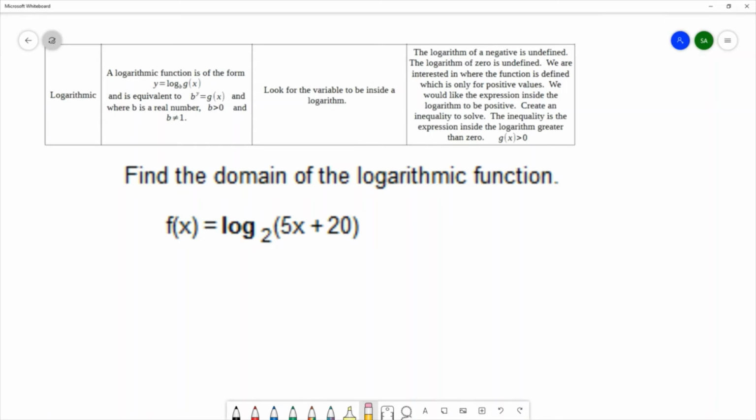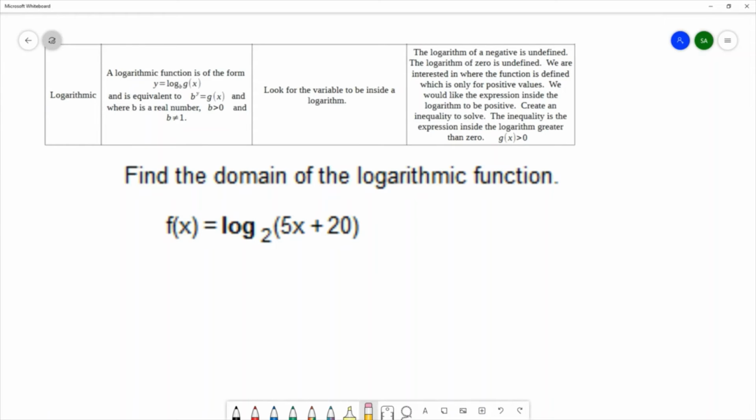And what we notice about this logarithmic function is that g of x, the expression that is inside the logarithm, needs to be a positive value. The log of 0 is undefined, and the log of a negative is undefined.